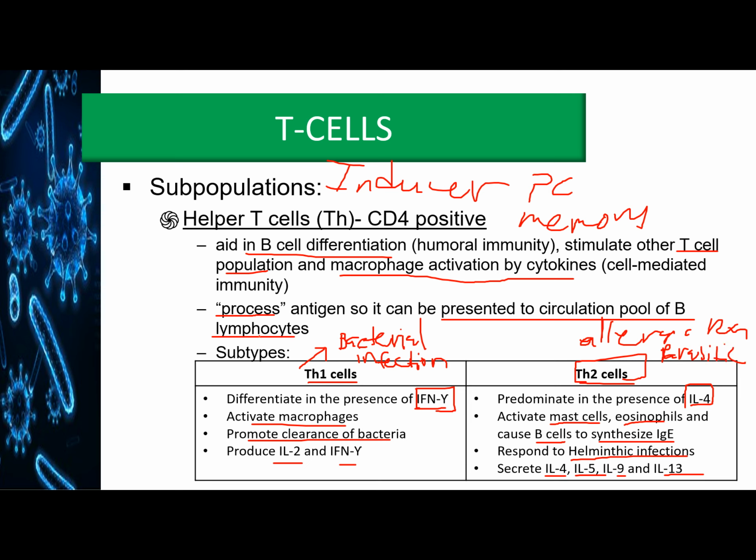So kapag tinanong kayo what subpopulation of your T helper is involved in your bacterial infection, it's your T helper 1. Kapag allergy or parasitic, it's your T helper 2. Pag tinanong kayo what is produced by your T helper 1, interleukin-2, interferon gamma. What is produced by T helper 2, interleukin-4, 5, 9, and 13.